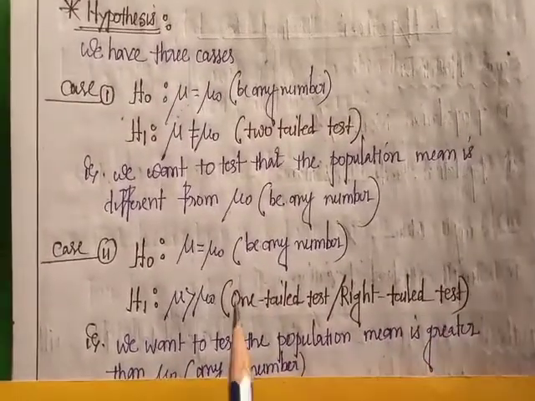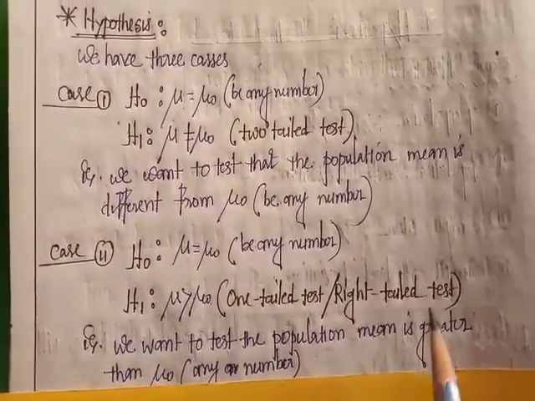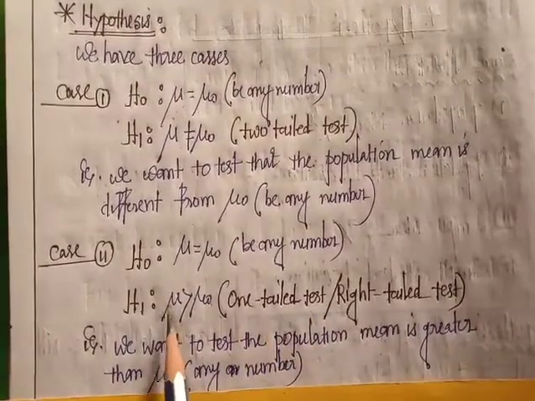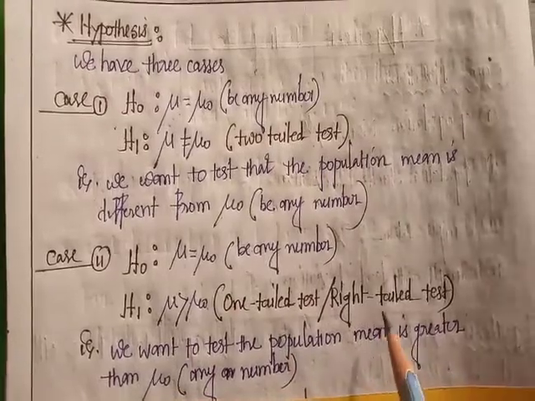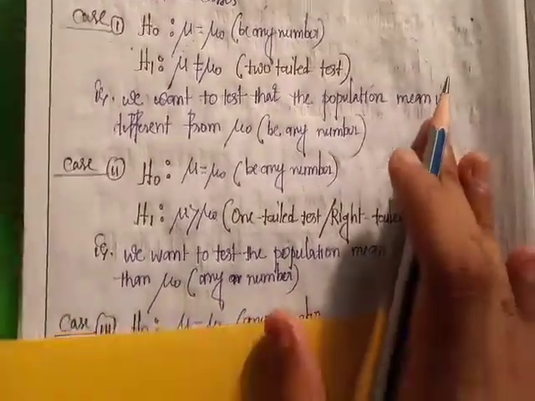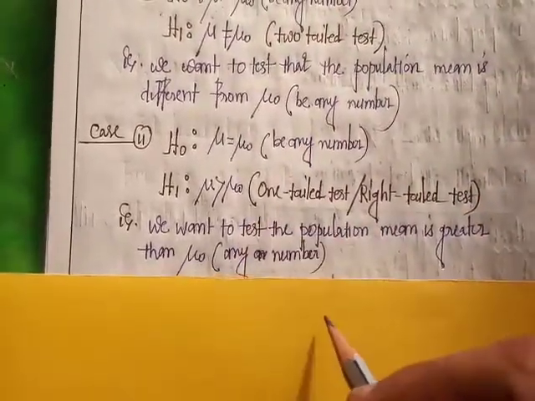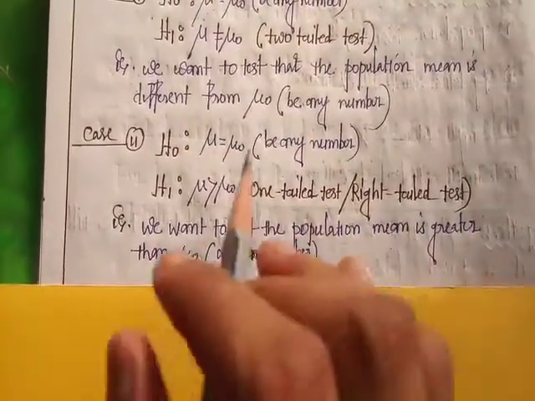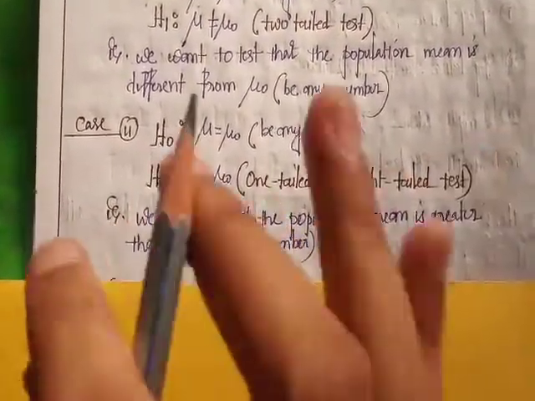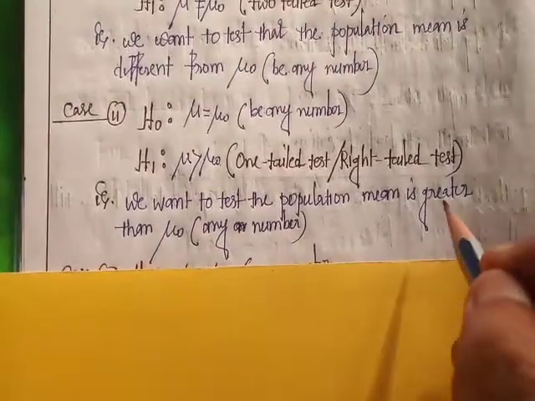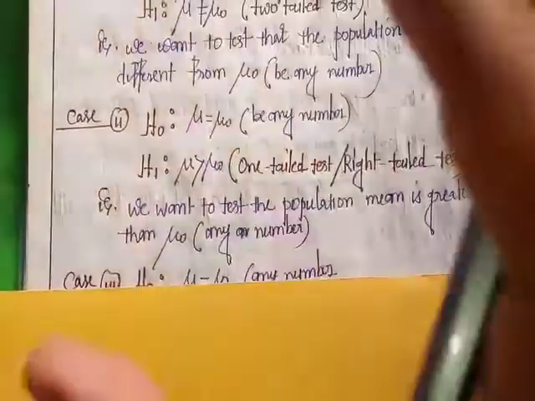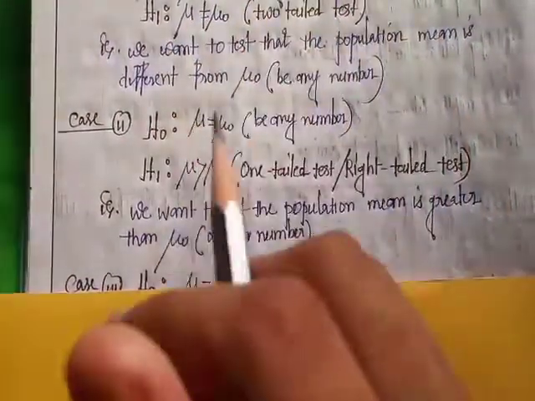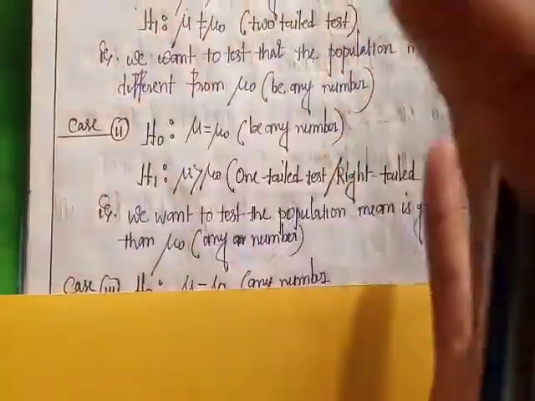This is one tail test, and right tail test is part of one tail test. That is, we want to test whether the population mean is greater than mu naught or not, where mu naught is any fixed number which is given in our question.